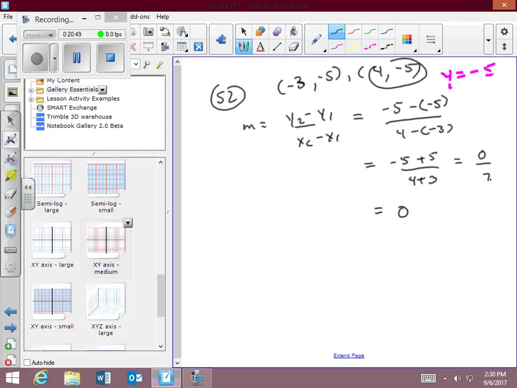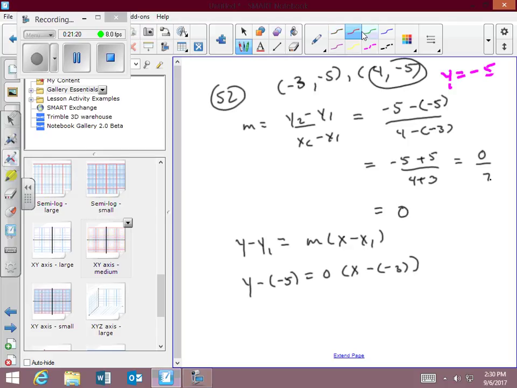Now, if we still don't get it, and we just want to dumb it out and put it into this equation, I guess pick your poison. Which point do we use? First one or second one? First one. First one, y minus a minus 5 equals 0 times x minus a minus 3.